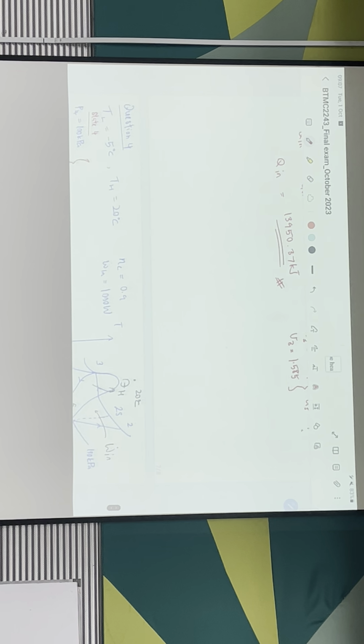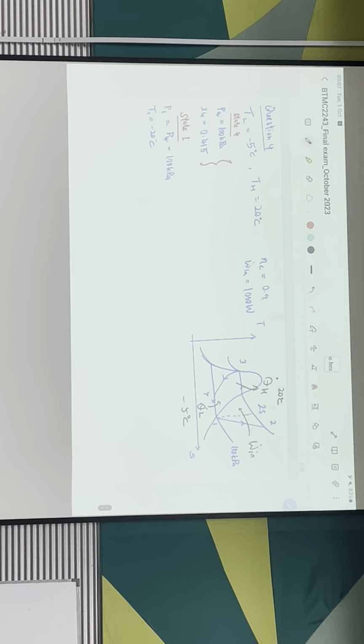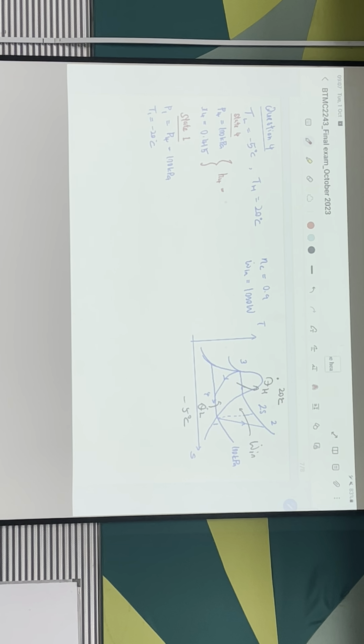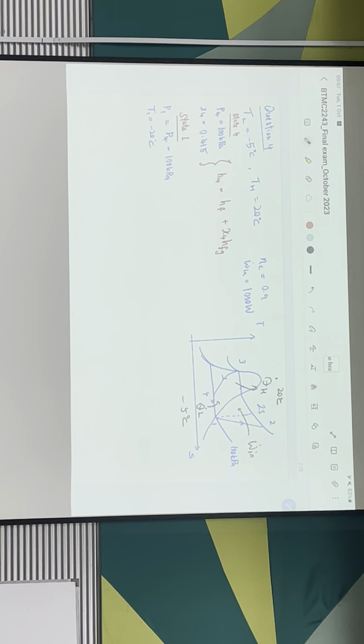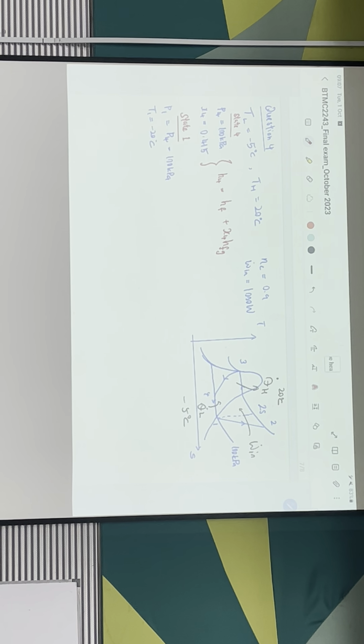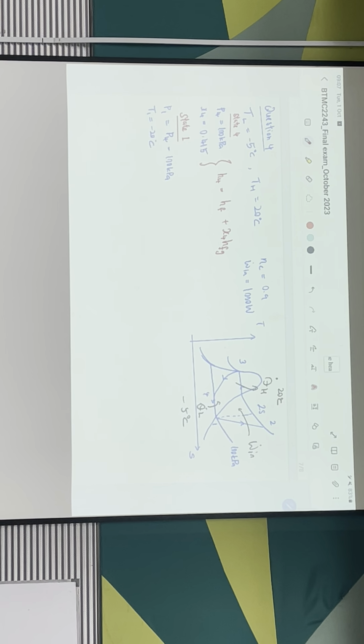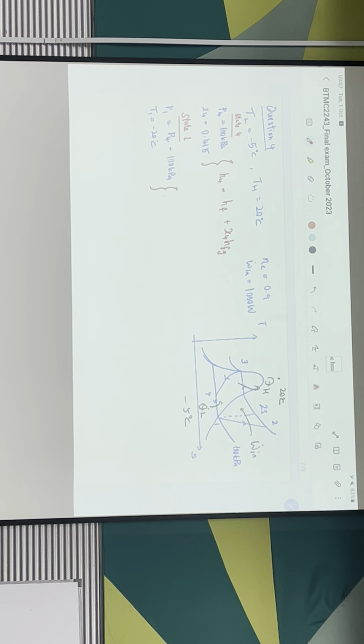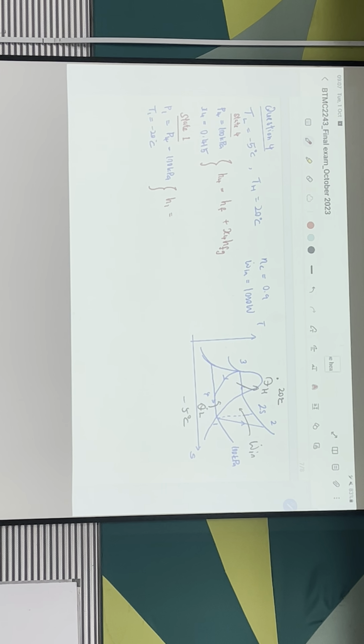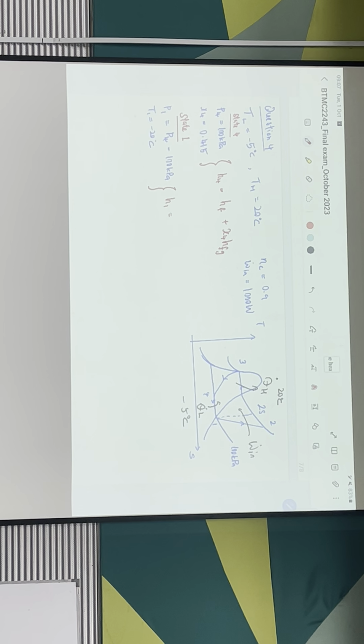Okay, so from here, state 4, very straightforward, you can find H4. This will be from HF plus X4 HFG. So for state 1, we also can find H1 from the superheated table.